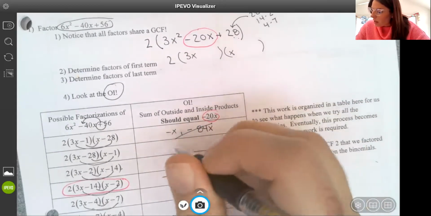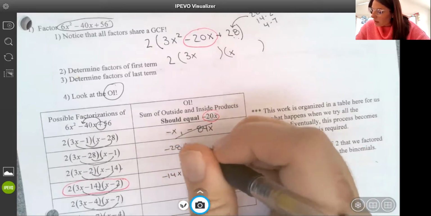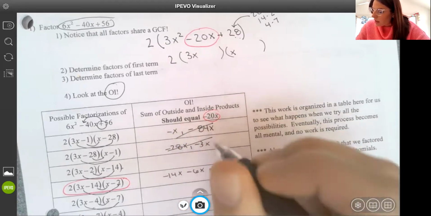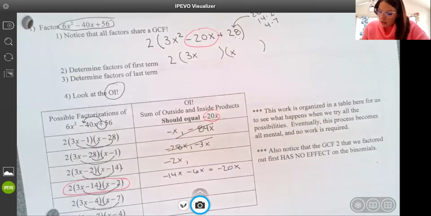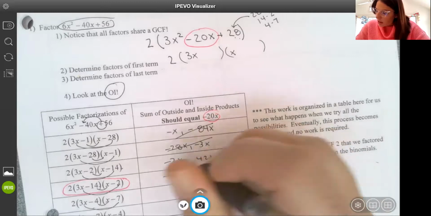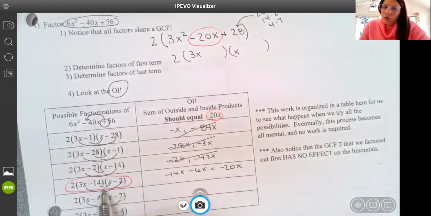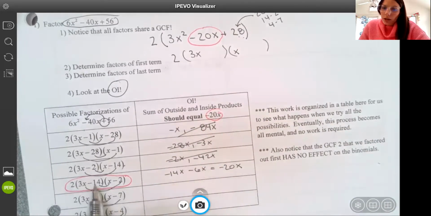That's not going to work. This would be negative 28x and negative 3x. That's not going to work. This would be negative 2x and negative 42x. That's not going to work. So once we get to a combo that works, we're like, ding, ding, ding, this is the one.